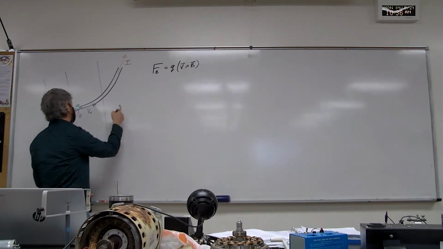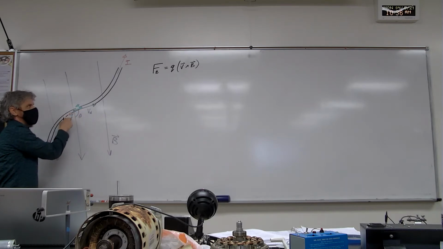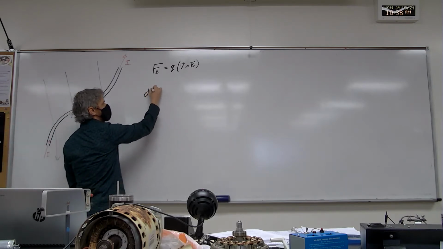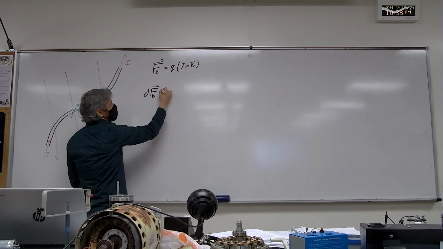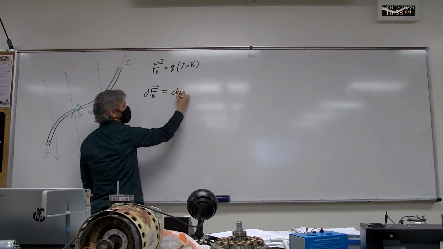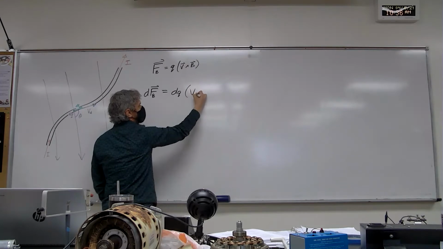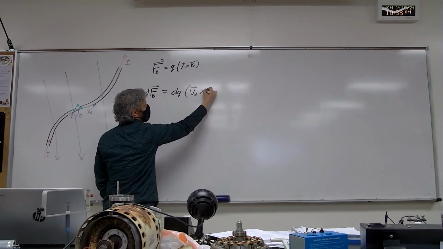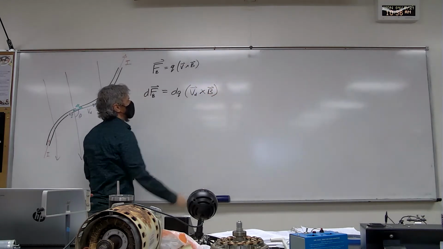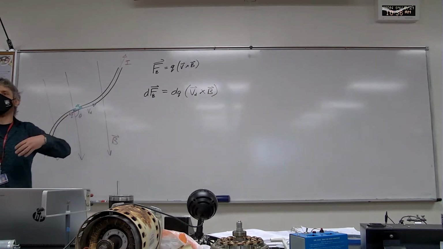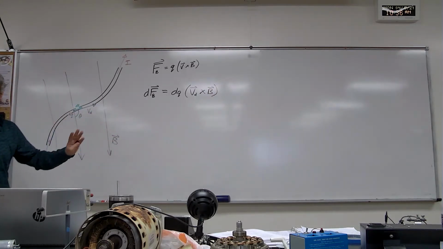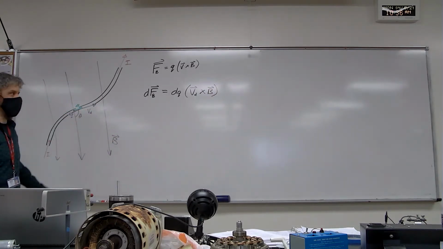And so I could say the magnetic force on this charge, dq, would be the differential magnetic force. Sorry, that's a vector. It is going to equal charge dq times that drift velocity crossed with the magnetic field. Right? And then I can set up an integral and calculate the total force on the entire wire. Okay, if I do it this way.